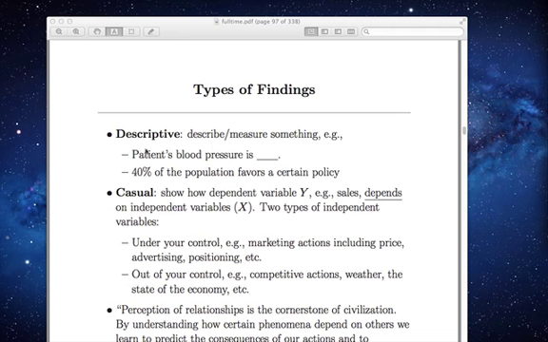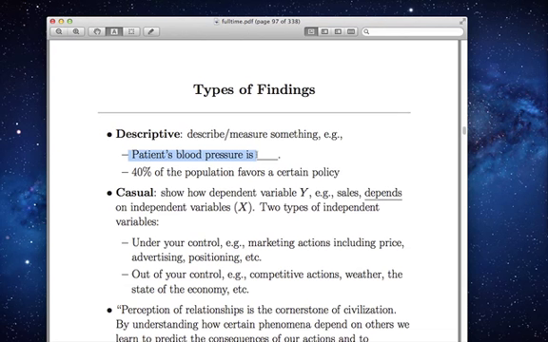So you can present the results or the findings that are purely descriptive. So descriptive findings describe something. For example, we could say, if this were a medical study, a medical report, the patient's blood pressure is something. Okay, it's just a descriptive fact.